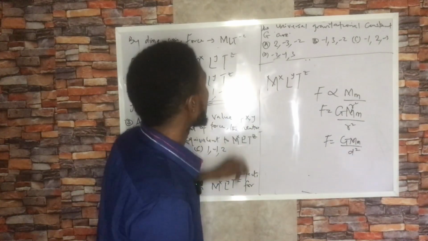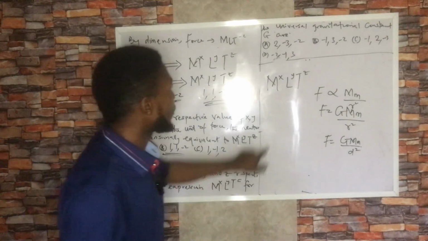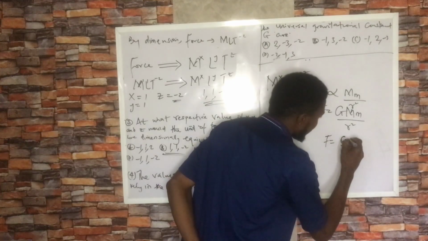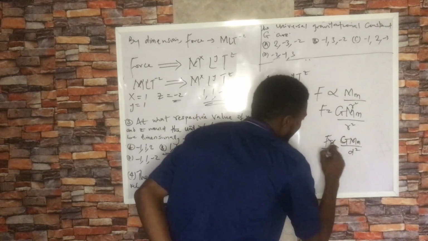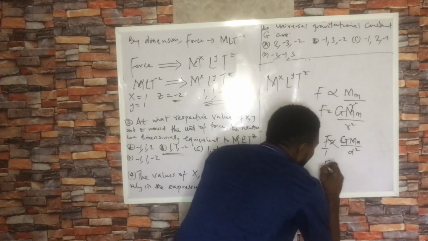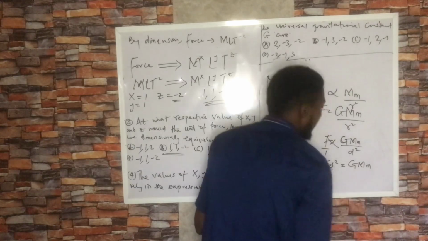Now the question says the values of x, y, and z respectively in the expression is for the universal gravitational constant. This is what we are concerned about: G. So what do we do? In this case, you cross multiply over 1. So when you cross multiply, you have F d squared is equal to G M m.